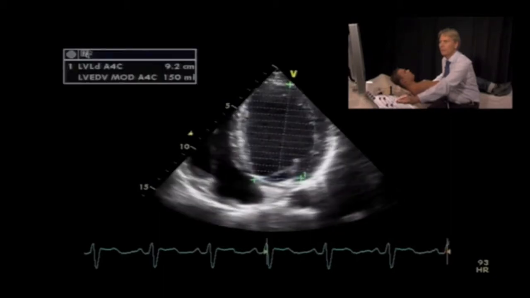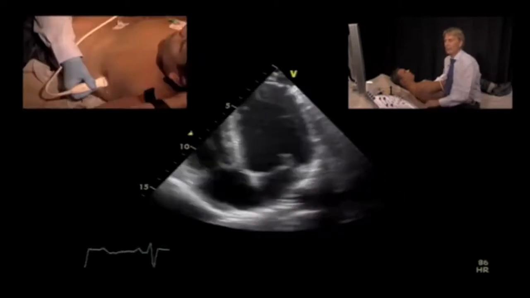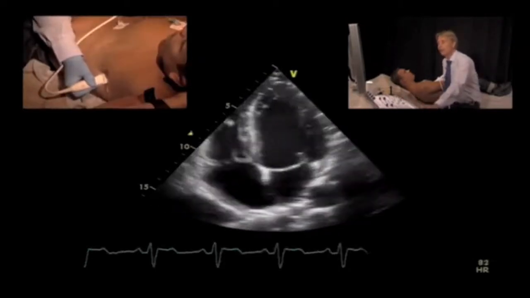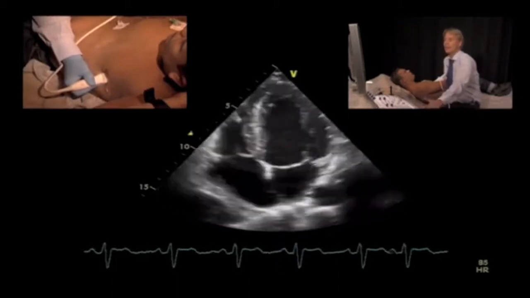But we do get 150 milliliters, which means that the patient has at least a moderately dilated left ventricle. The left ventricular ejection fraction was calculated at 67 to 72%. So altogether we have signs of volume overload.